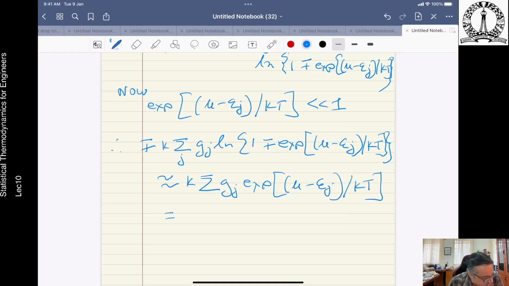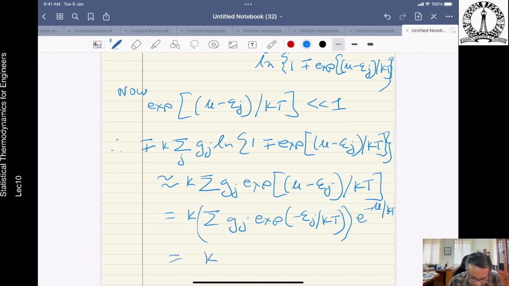Okay, this is further equal to k gj exponential minus ej by kt e to the power of minus mu by kt, which is equal to k e mu by kt into z, is equal to kn.